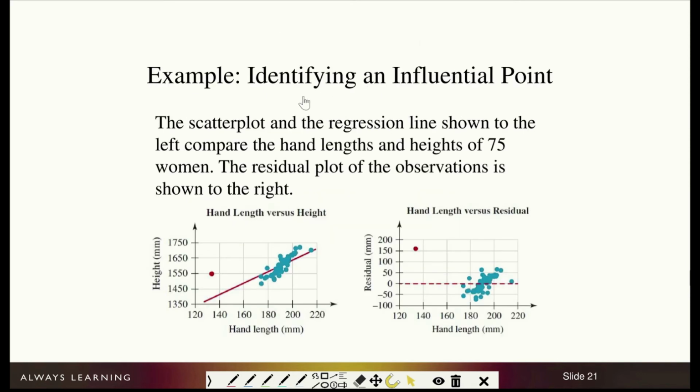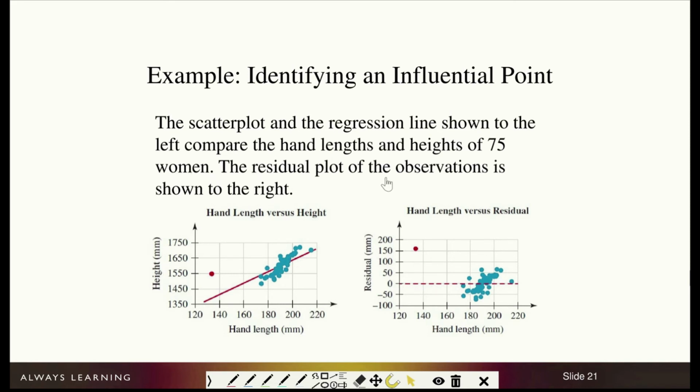So now we want to look at what's called an influential point. The scatter plot and the regression line shown below show the relationship between the hand length and the height of 75 women.